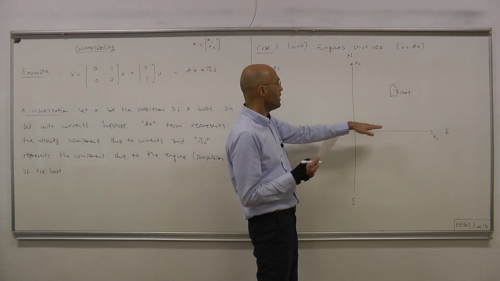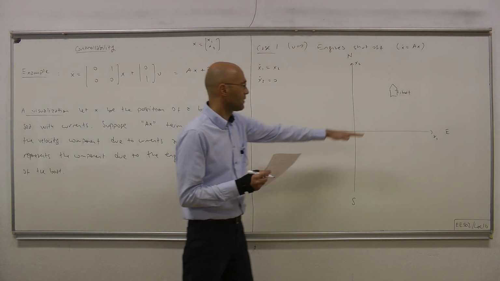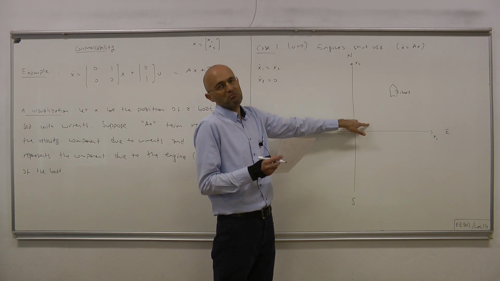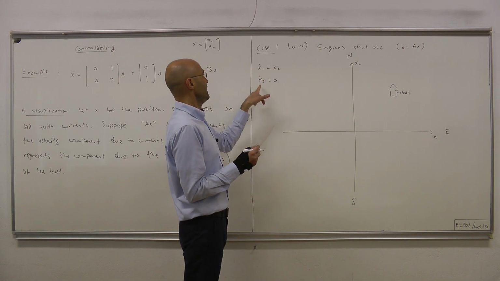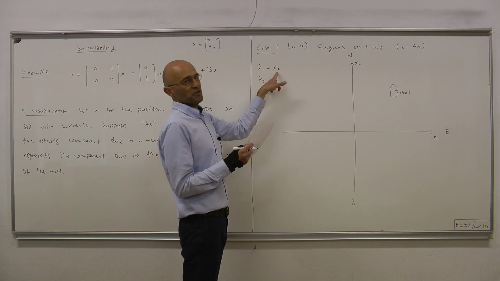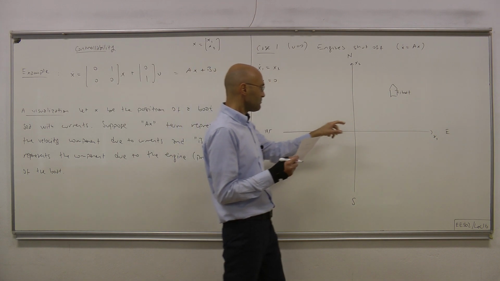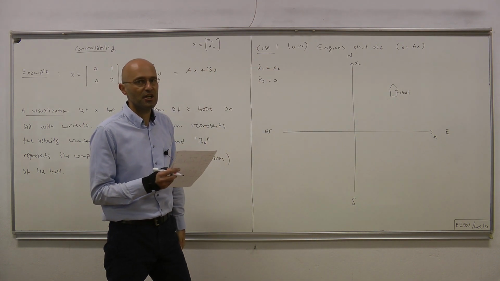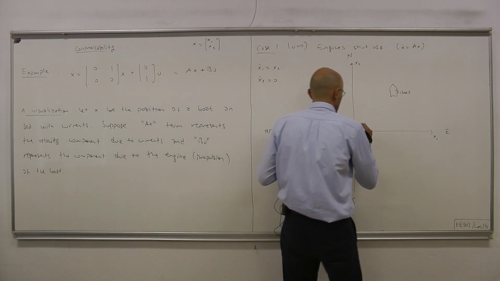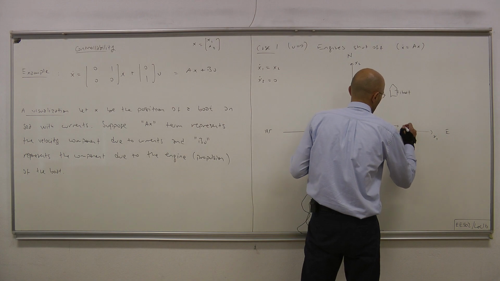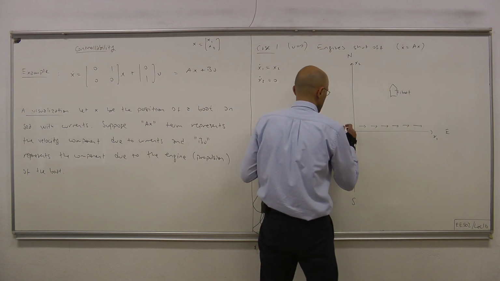If you start somewhere above the horizontal line, somewhere here, that means x2 is something small, and it's constant, so x1 dot therefore is positive. x1 dot positive means you're moving in the east direction, and the motion is determined by the constant current.